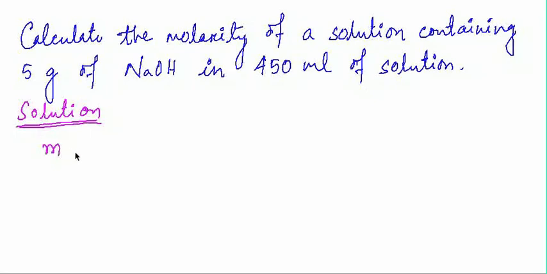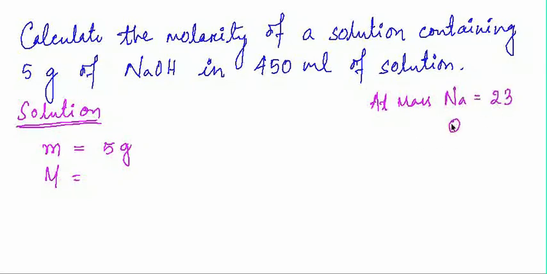We have small m, which is the mass of the solute, that is 5 grams. Now we need the molecular mass or molar mass of sodium hydroxide. Now how do we calculate that? We know the atomic mass of sodium is 23, atomic mass of oxygen is 16, and atomic mass of hydrogen is 1.